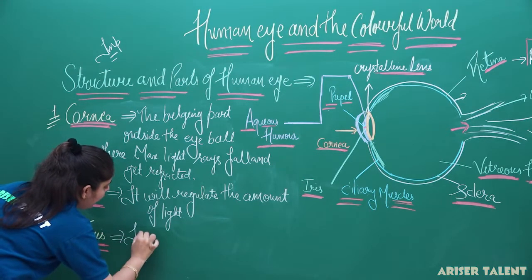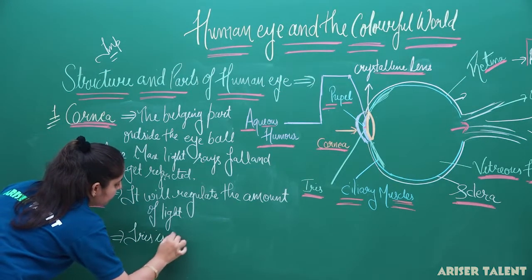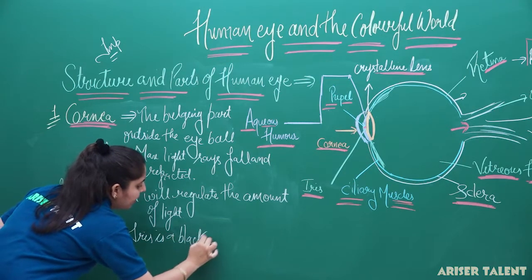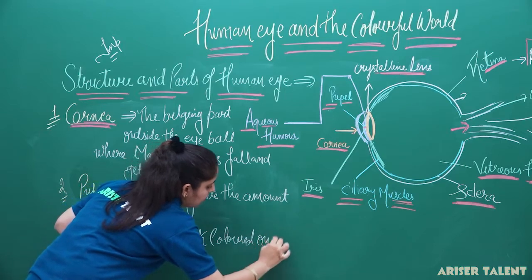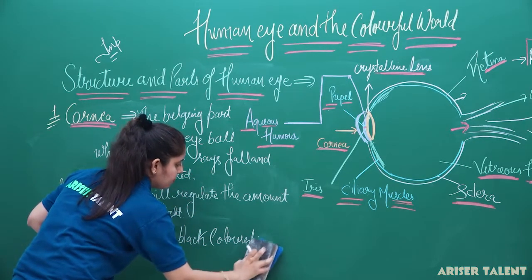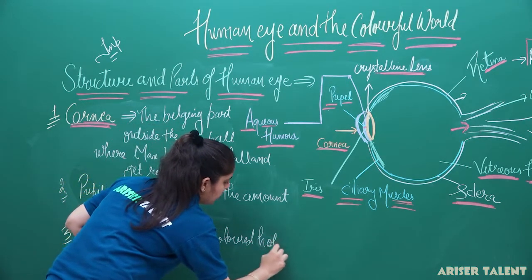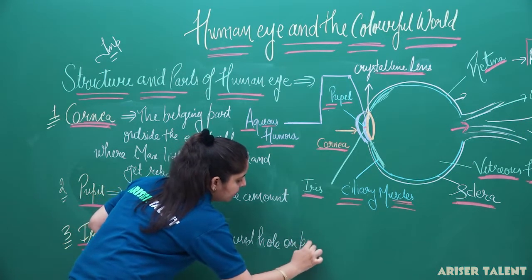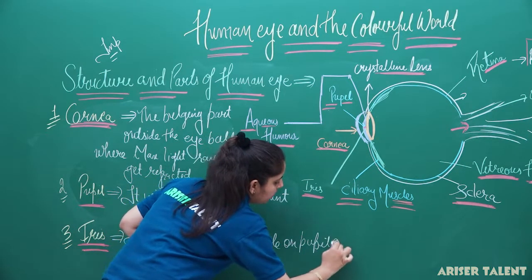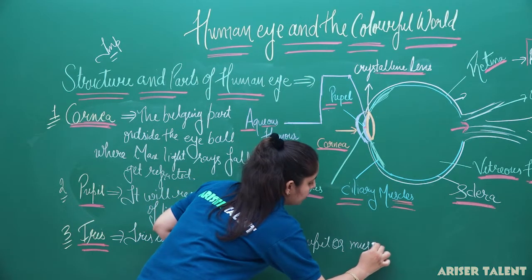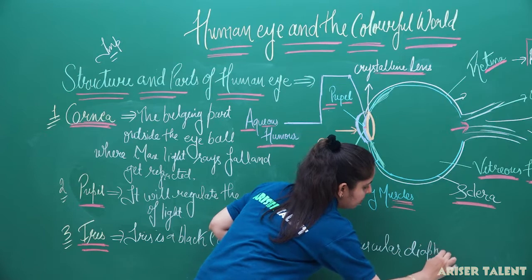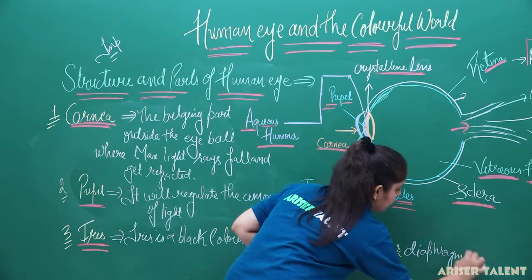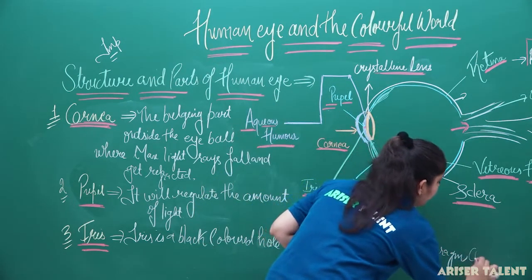So the iris is a black colored hole on the pupil, or we can say that it is a muscular diaphragm controlling the light.